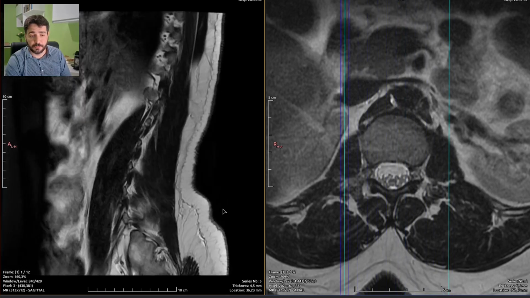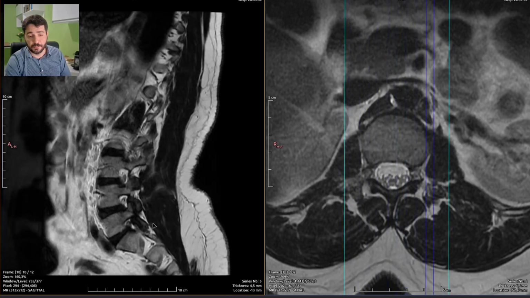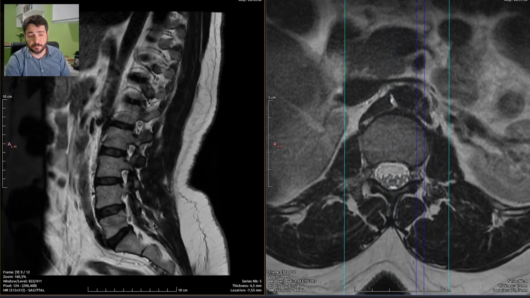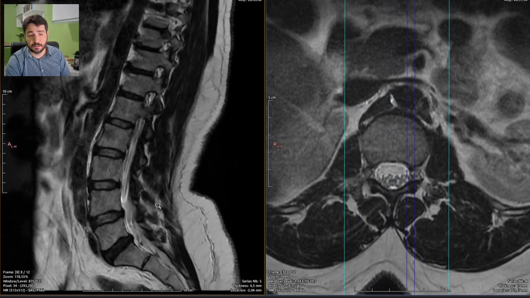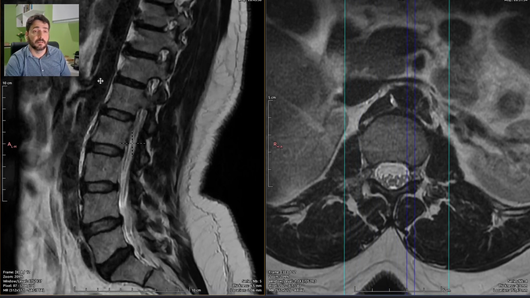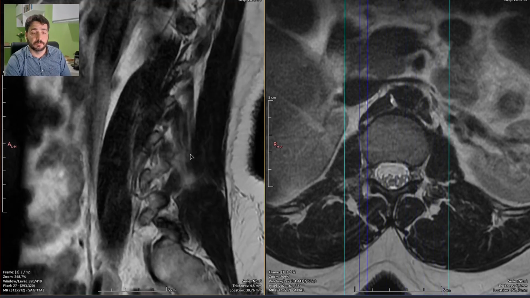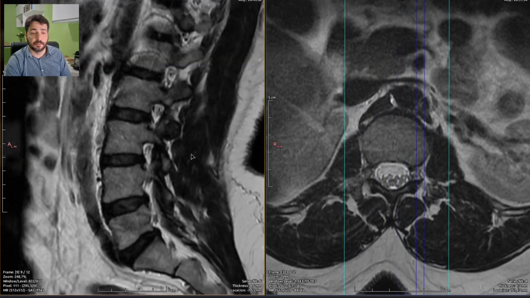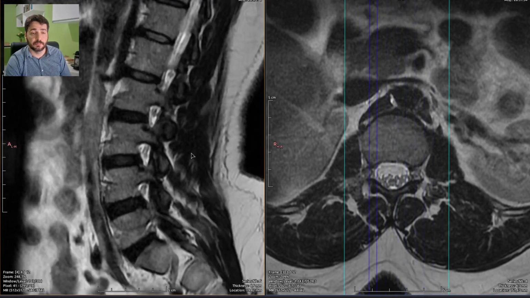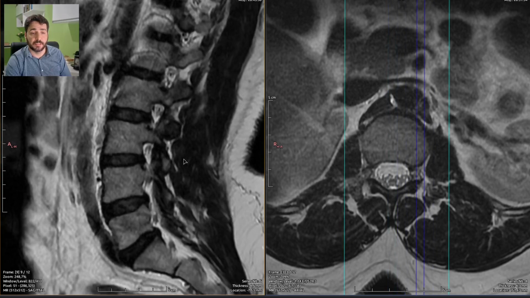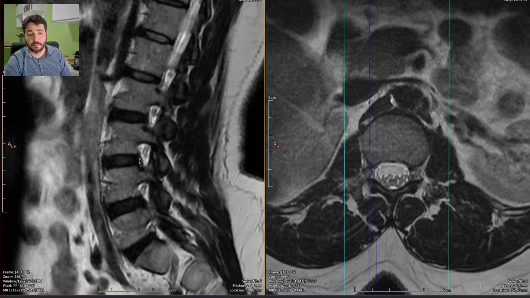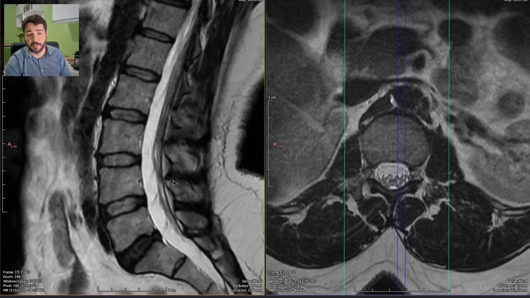Arthrosis, some protruding discs, some mild neuroforaminal stenosis. This is a very, very common diagnosis for day-to-day routine reporting of MRI scans. So on L3, L4, I can also say there are some tiny protrusions right on the foramina.